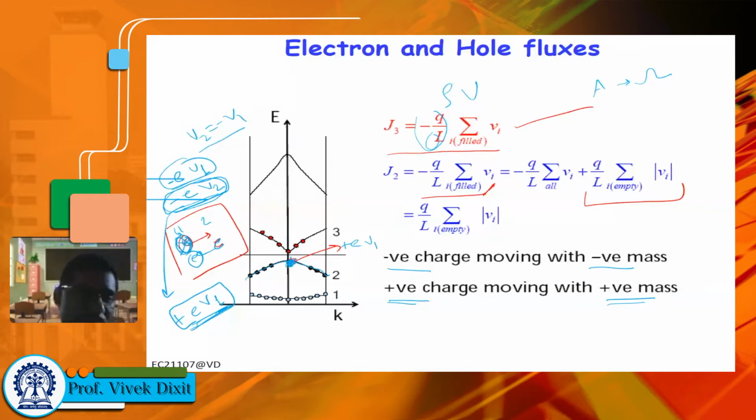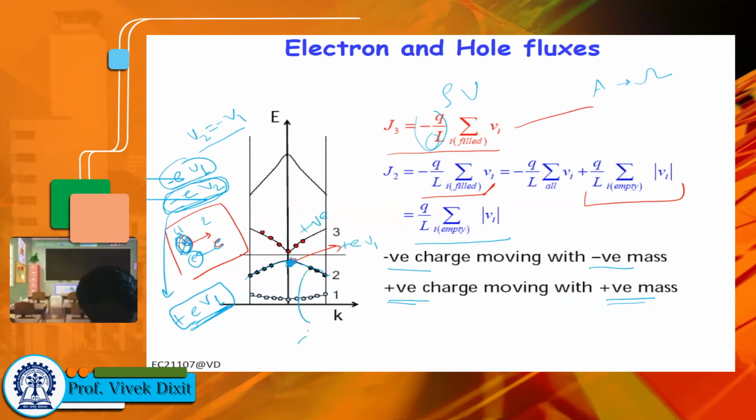If we have a number of holes, then they all will add up, so that will become Q times all the holes added up with their velocities. Correct? This is the concept of a hole. Electrons in the conduction band have positive mass.